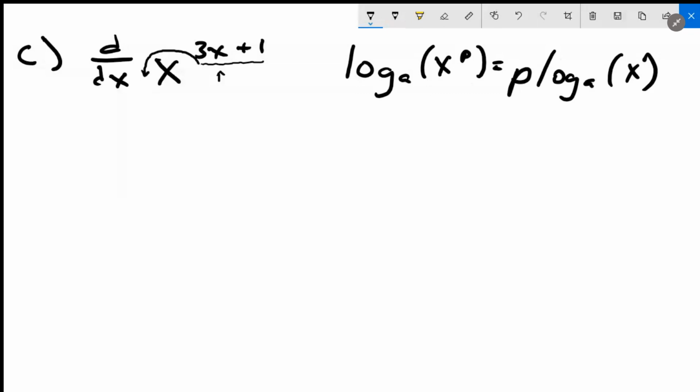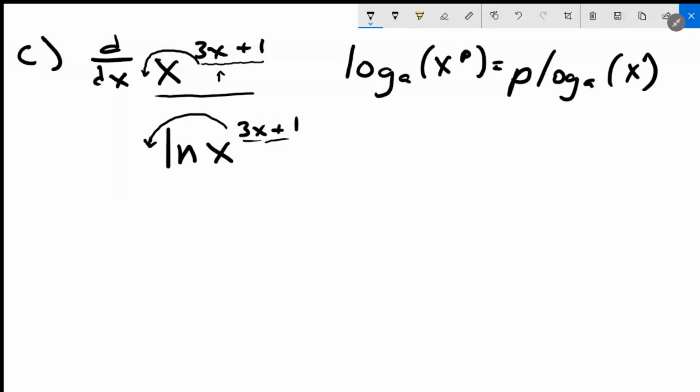So wouldn't that be great if we could say, I don't know, something like ln of x to the 3x plus 1, and that would allow us to move this right in front here, according to that rule. But we can't just say ln of x to the 3x plus 1, because that's not equal to what we have up here.